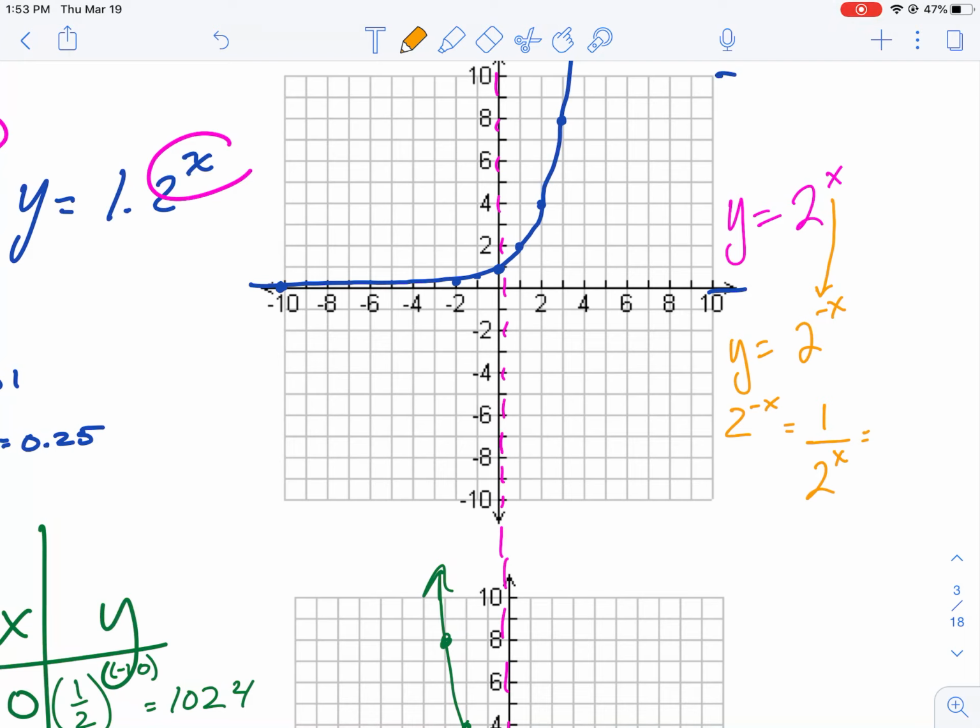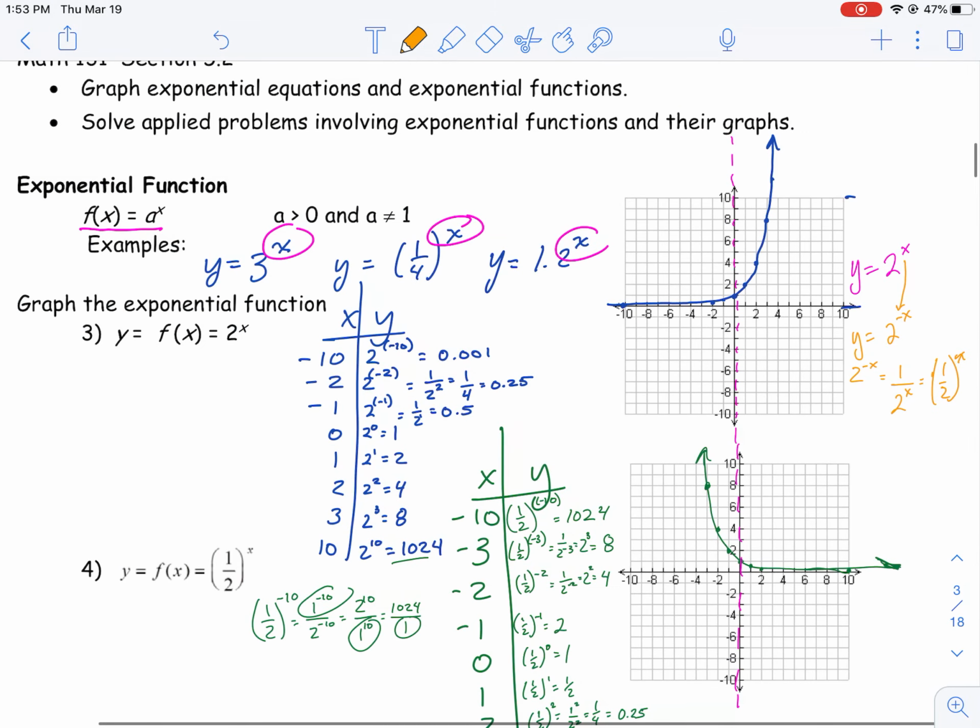And then, since 1 to any power is 1, we can rewrite that as 1/2 to the x power, which is exactly what we had here. So there's a connection here between 2 to the x, 2 to the negative x, and 1/2 to the x. That is helpful to see.